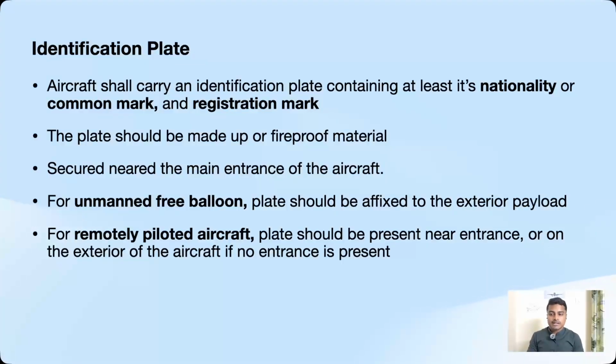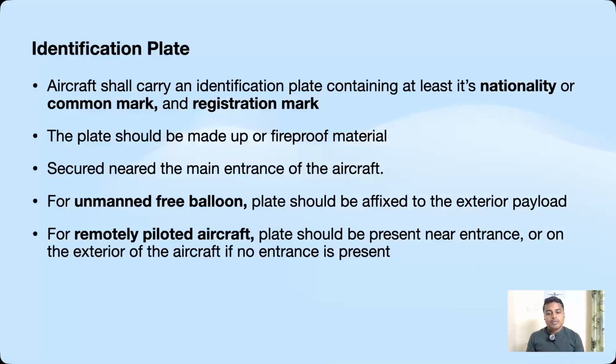Here are some of the rules regarding the identification plate. An aircraft shall carry an identification plate which contains at least the nationality or the common mark and the registration mark. The common mark is used when it is a joint operation performed by multiple countries. As we saw, the registration marks reserved by ICAO start from 4YA to 4YZ.